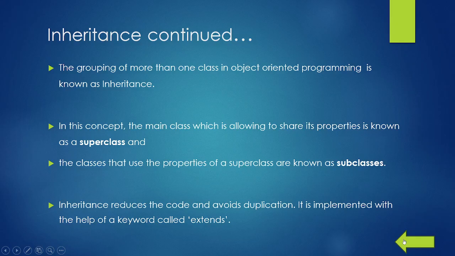And the classes that use the properties of a superclass are known as subclasses. Superclass, subclass. This inheritance reduces the code and avoids duplication. And it is implemented with the help of a keyword called extends.